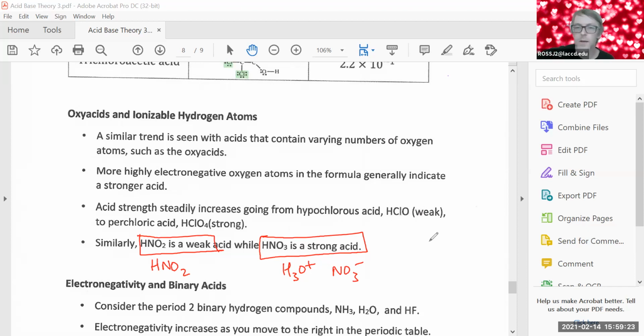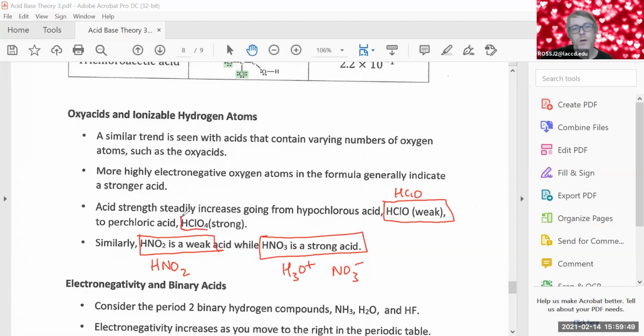More examples here. Again, you've got hypochlorous acid, where you've got HClO as the predominant species. This would be perchloric acid.